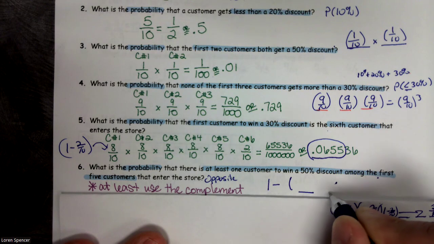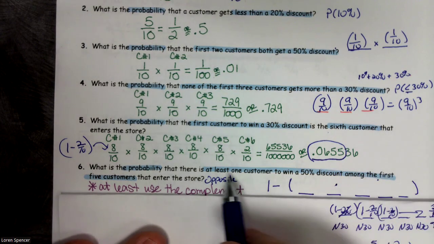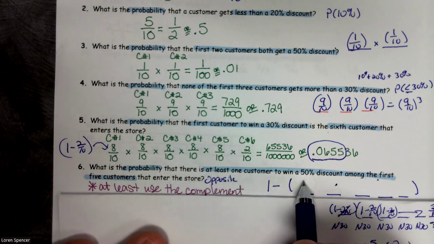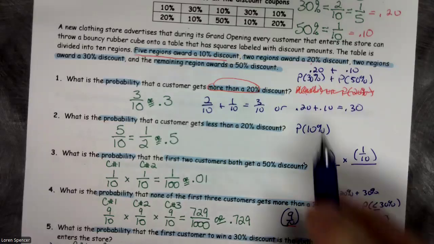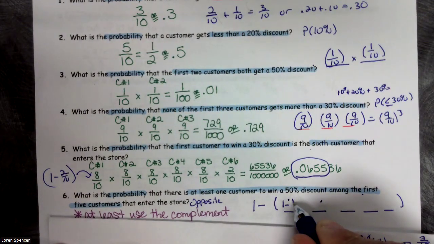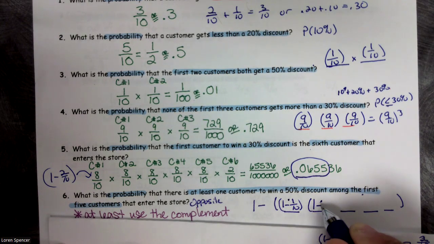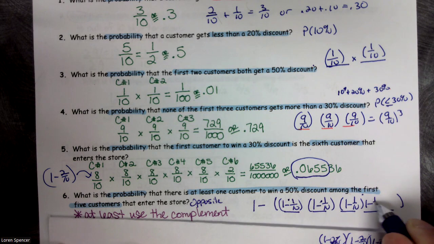So I need 5 blanks. 1 minus the complement of 50%. Well, what's the probability of 50%? 1 out of 10. So the complement is 1 minus 1/10 times 1 minus 1/10, 1 minus 1/10, 1 minus 1/10.